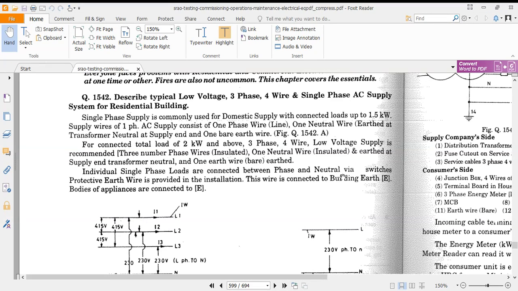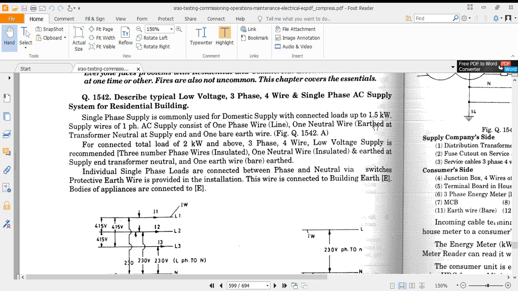Single phase supply is commonly used for domestic supply and small commercial also. Commercial complexes, commercial shops, etc. Generally, the loads are around 1.5 kW. This is the old data, but presently we can go up to 3 kilowatt. Why 3 kilowatt?